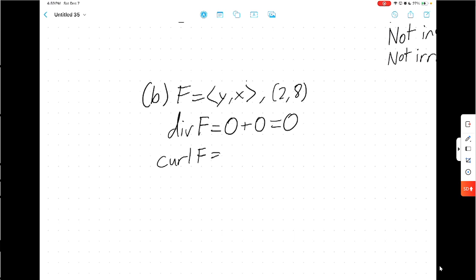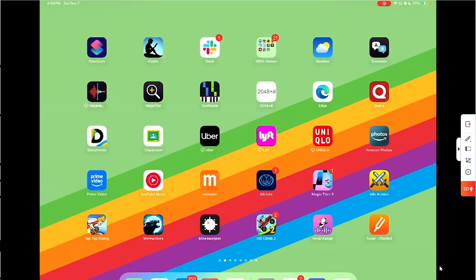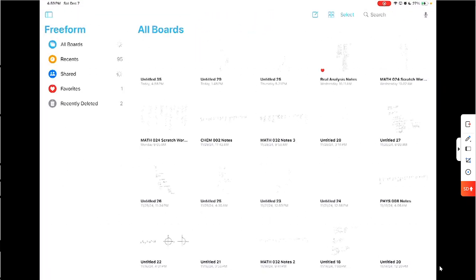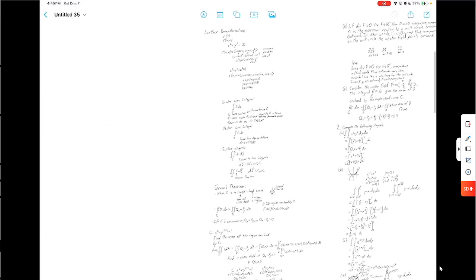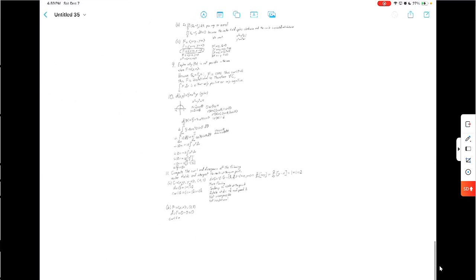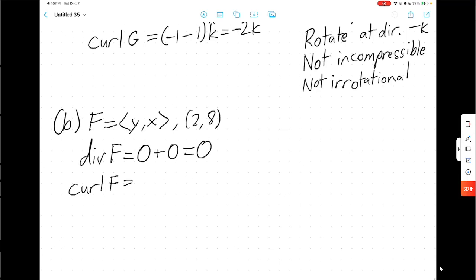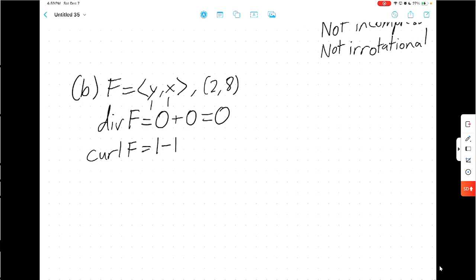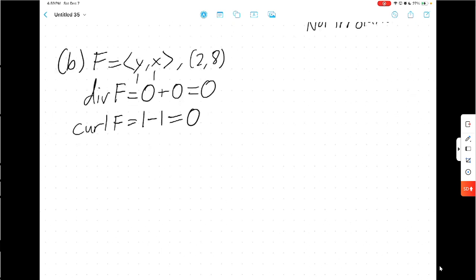Curl F is going to be equal to Q sub x minus P sub y. Q sub x is equal to 1, and P sub y is also equal to 1, so we get 0.